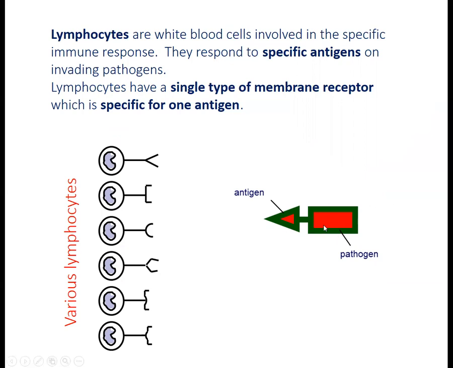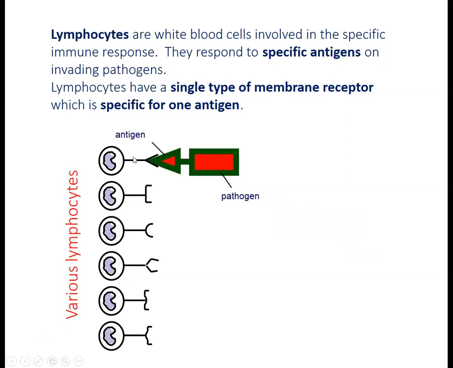And on the membrane of the pathogen, there is an antigenic marker. And you can see that not all of these lymphocytes would be able to bind to that antigenic marker. Only one of them has the correct receptor in its membrane to be able to bind to the antigen. So it is specific to that particular antigen.